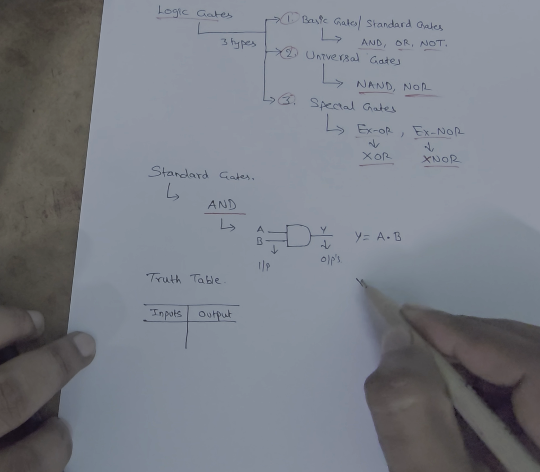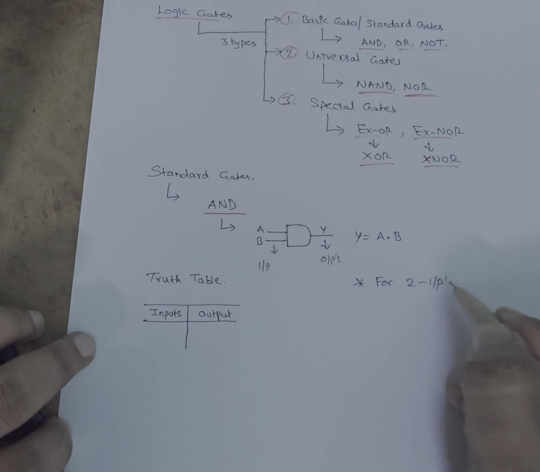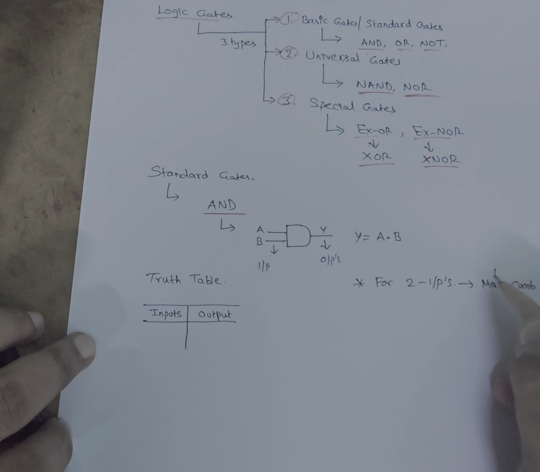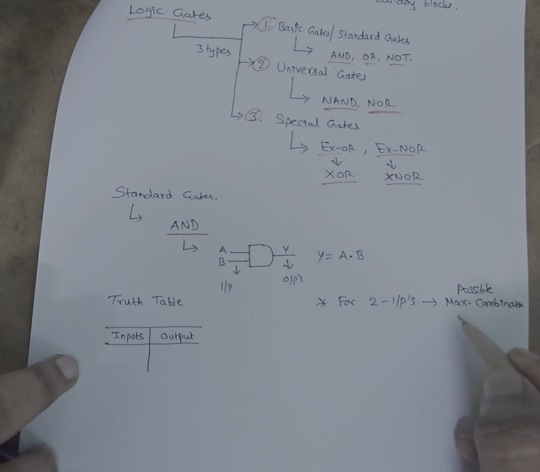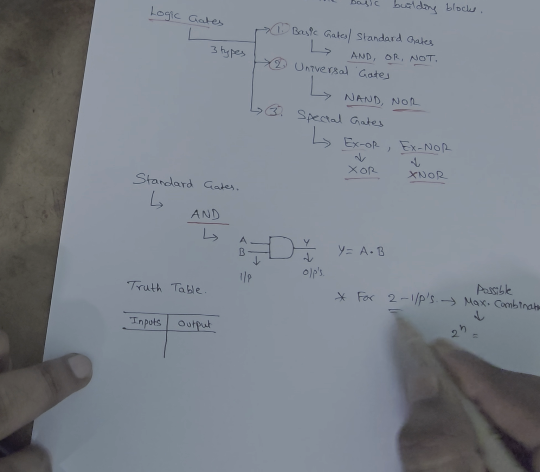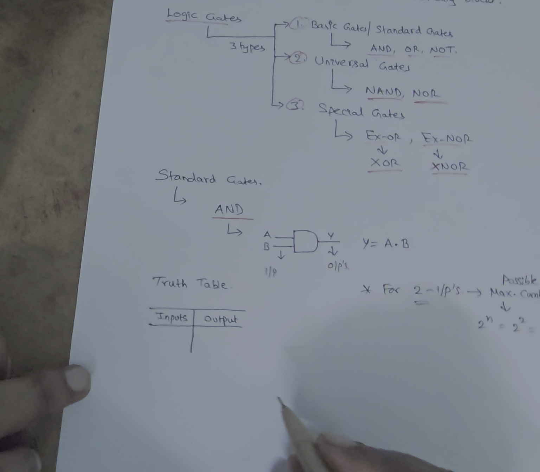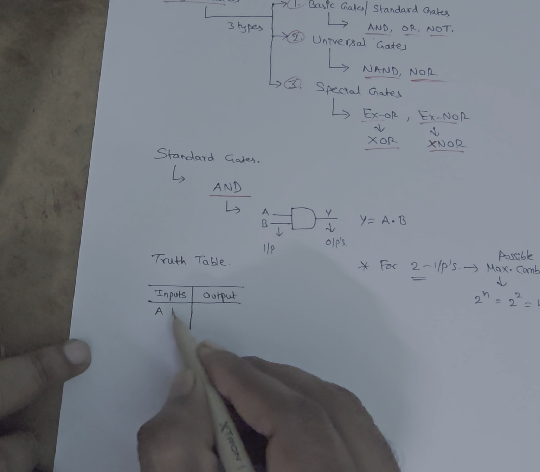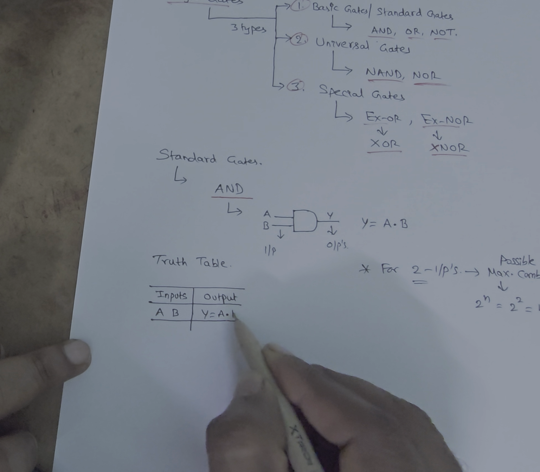Important point: for two inputs, the maximum possible combinations are given by the formula 2 power n. Here n is 2 inputs, so 2 power 2 is 4 possible combinations. So what are the 4 possible combinations? Here you have to write A and B, and the output Y is equal to A into B.